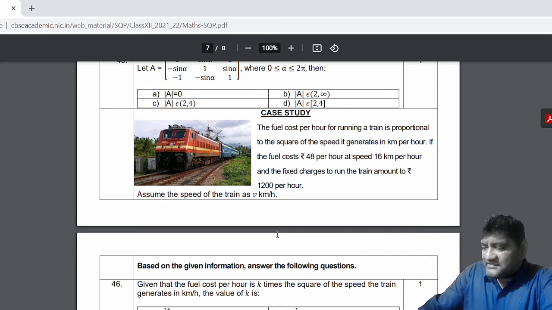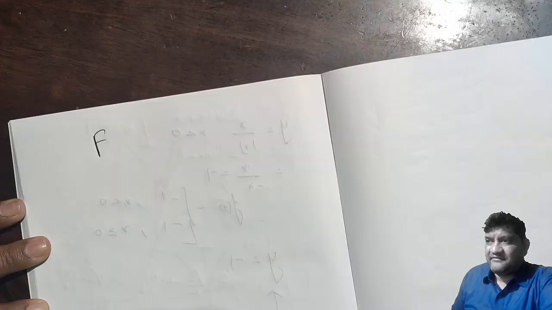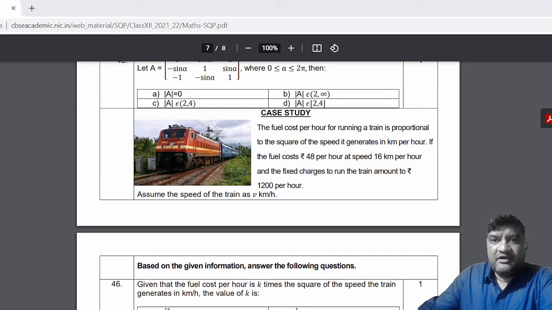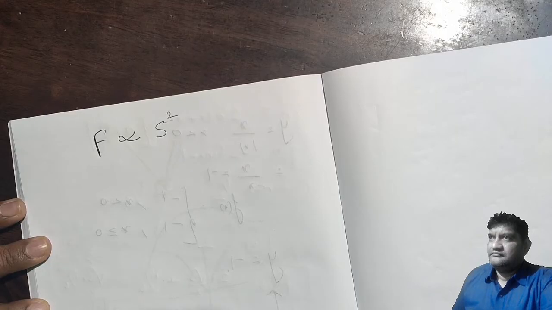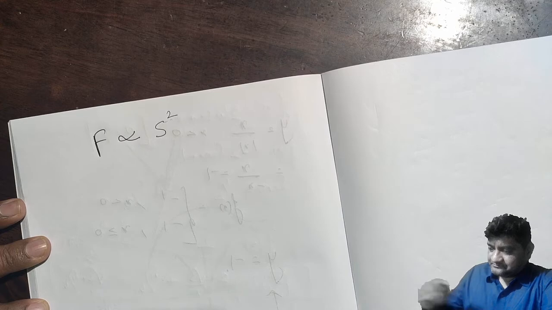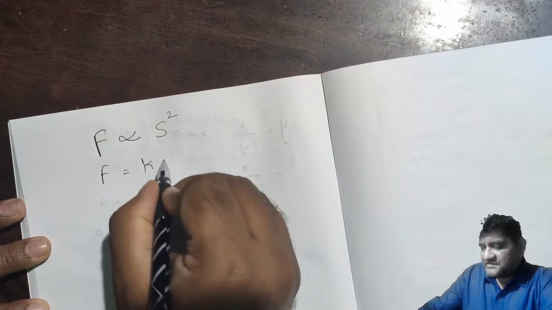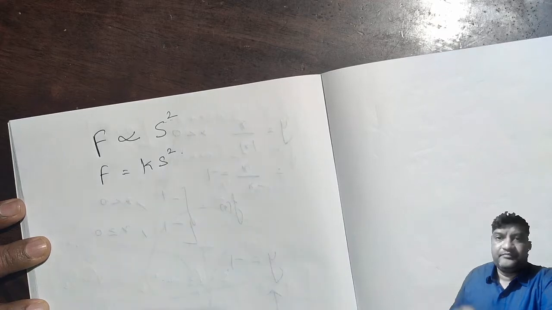So let's take the fuel cost as F. And he says that it's proportional to the square of the speed of the train. So it's S square. So this is direct proportionality. So I'm going to write this as some constant k into s square.